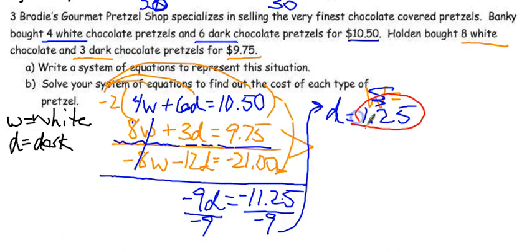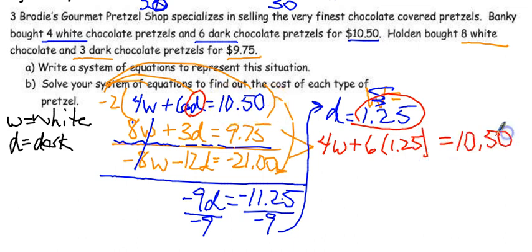So I'm going to take this and I'm going to put it right there. Okay? So I'm going to do 4W plus 6 times $1.25 equals $10.50. All right? So when I do that, 4W plus 6 times $1.25 is $7.50.